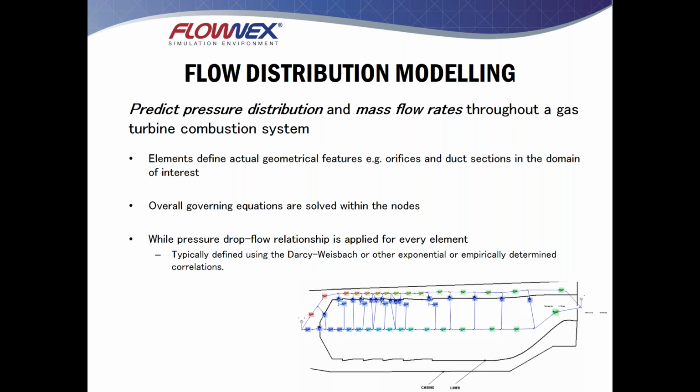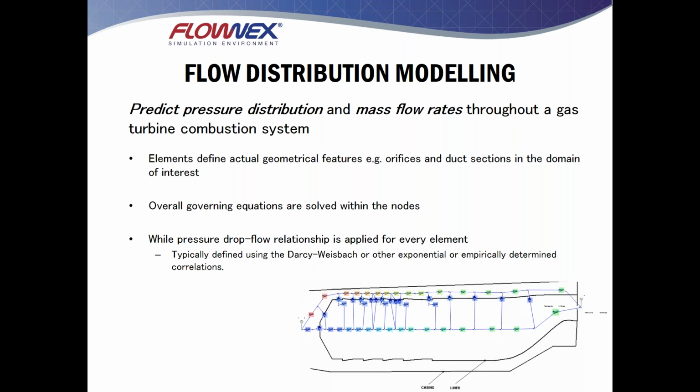If we look at flow distribution modeling, basically, this aspect of it just allows us to predict the distribution of flow and mass flow rates through the gas turbine combustor.